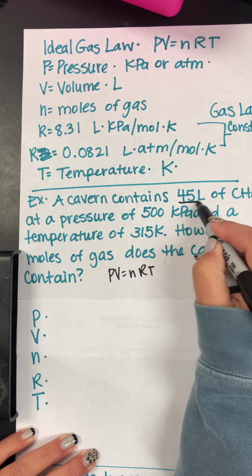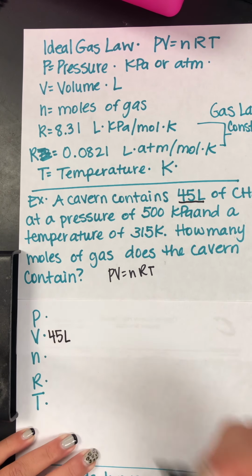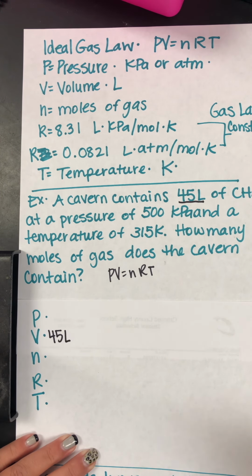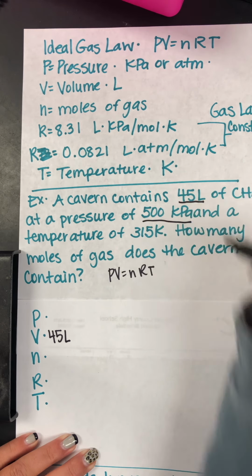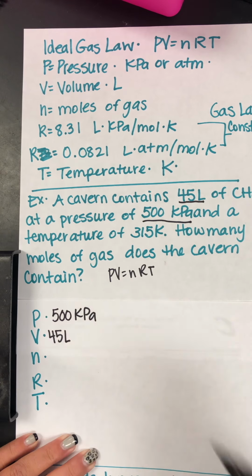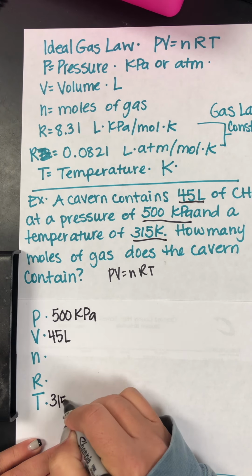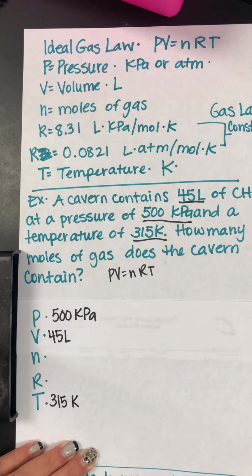I have 45 liters. Liters means I have a volume, so I'm going to put on my chart 45 liters. It says at a pressure of 500 kilopascals, so that will be 500 kPa, and a temperature of 315 Kelvin. So that goes for my T.